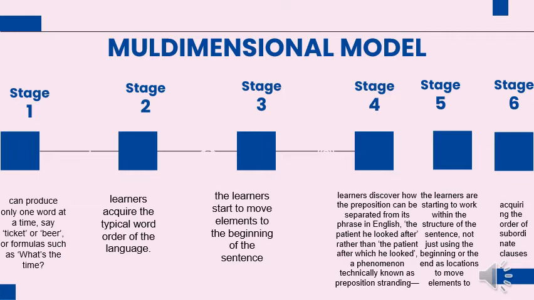The fifth stage is where the learners start to work within the structure of the sentence, not just the beginning or the end, as locations to move elements to. And the last is stage 6, wherein the learner has already acquired the order of subordinate clauses.